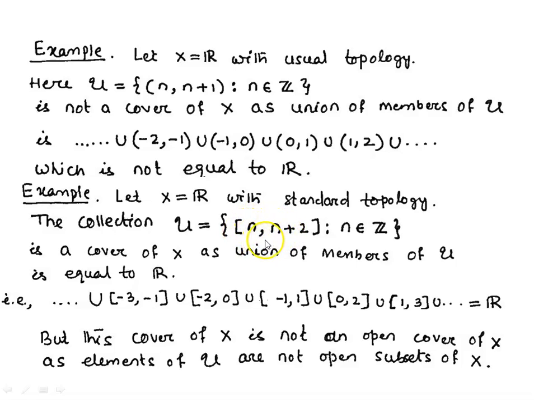Instead of taking the closed interval [n, n+2], if we take the open interval (n, n+2) in this collection, then this collection will become an open cover of the real line.